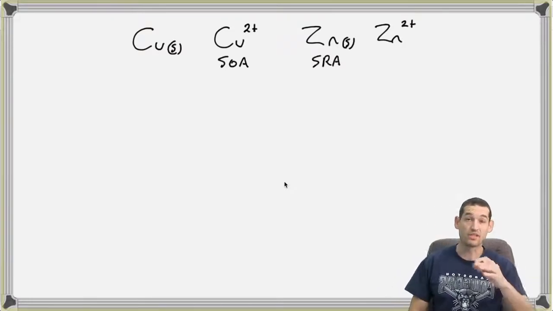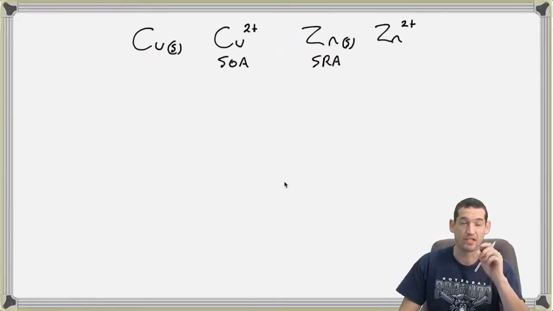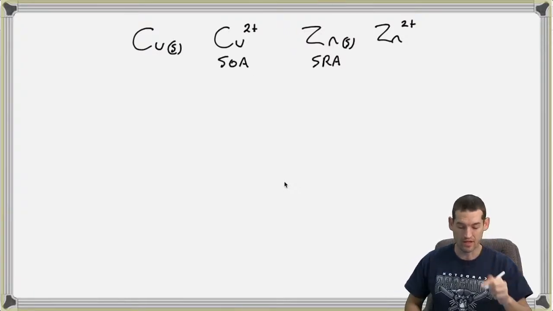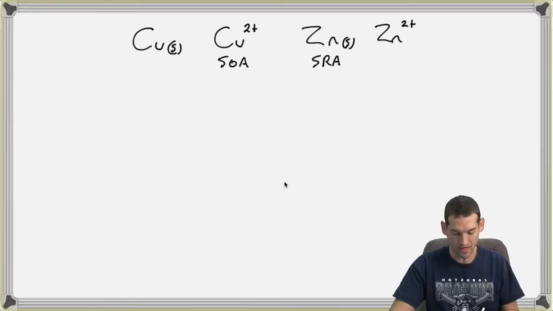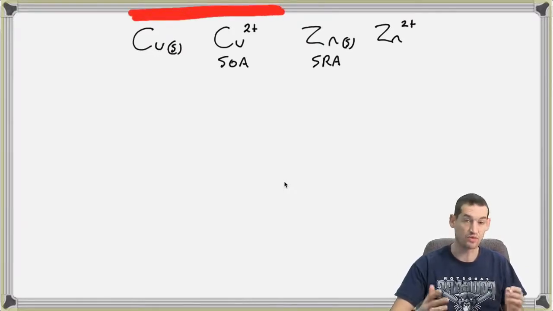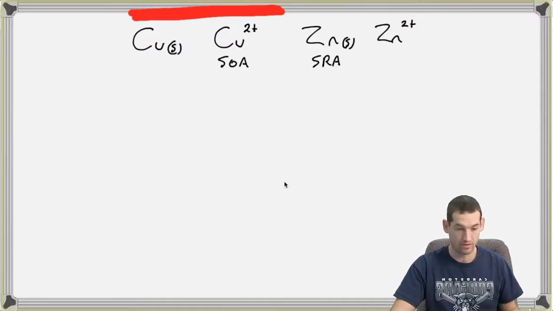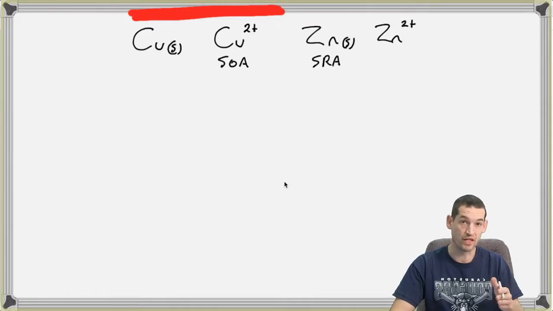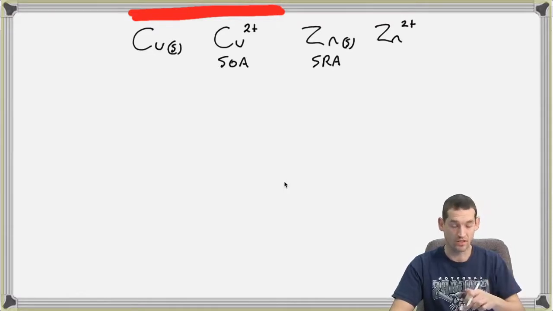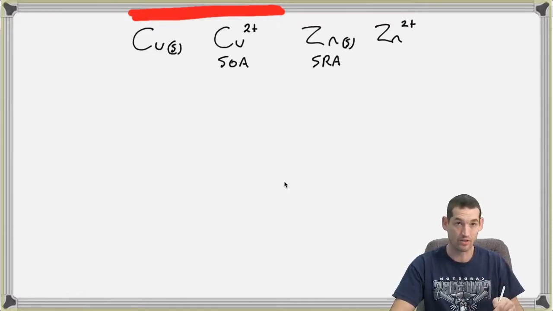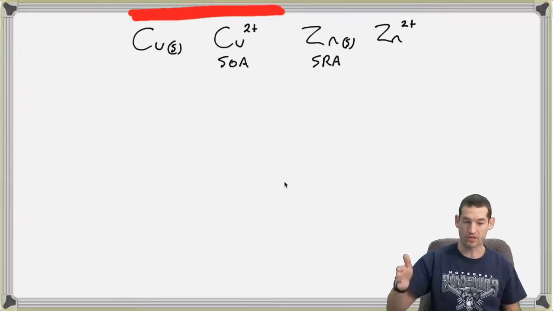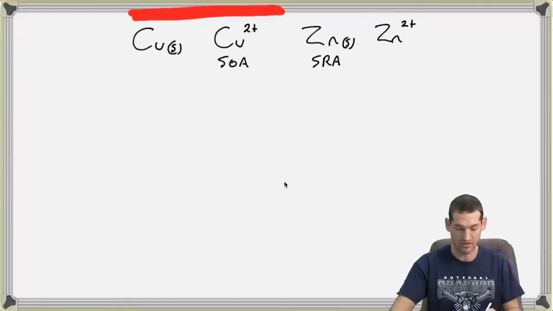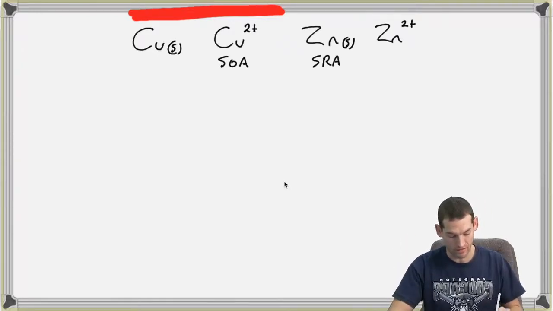Remember, because copper 2 positive is my strongest oxidizing agent, it's being reduced, so what's happening on the copper side is the cathode. The zinc is the strongest reducing agent, which means it's being oxidized, which makes that side the anode.